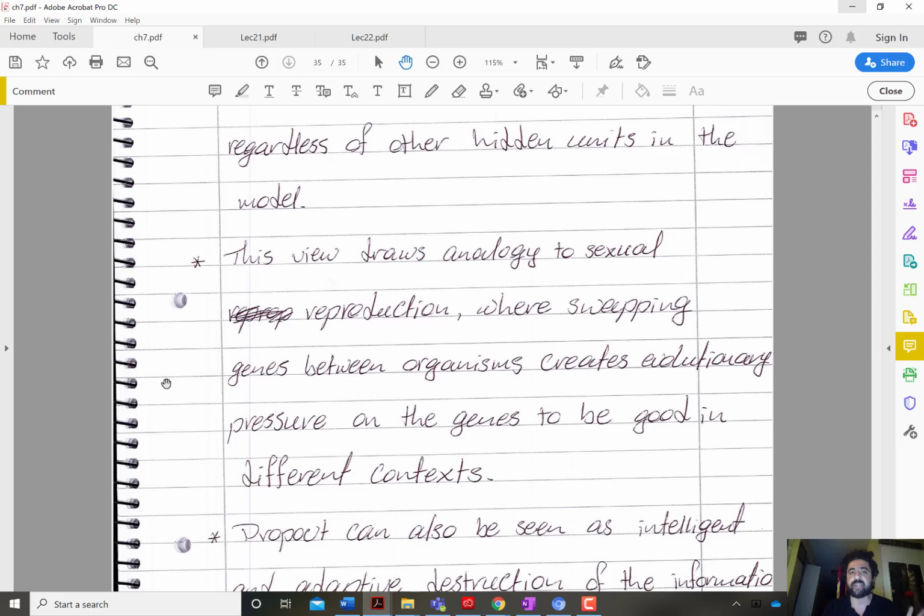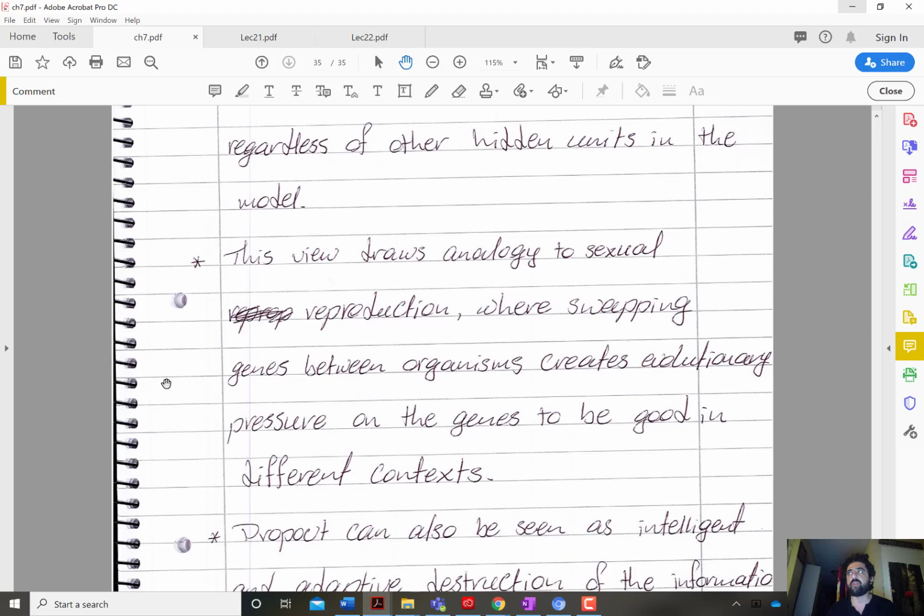And this has an analogy to biology, basically in sexual reproduction, where the swapping of genes between organisms creates evolutionary pressure on the genes to be good in different contexts. These genes learn to serve their task even when paired with a diverse combination of other genes.